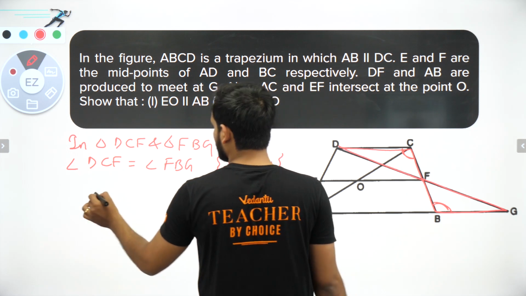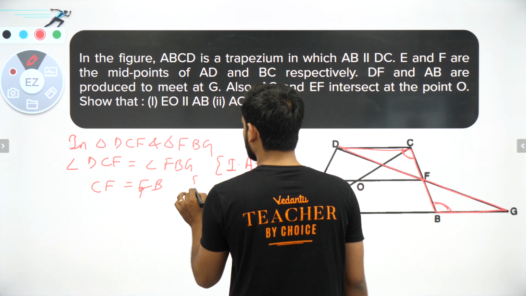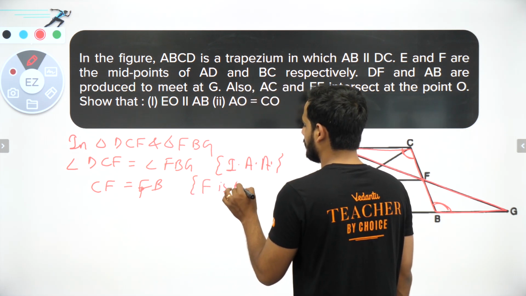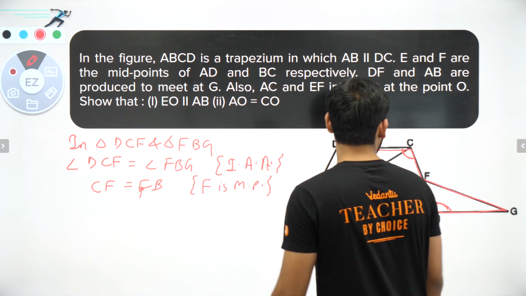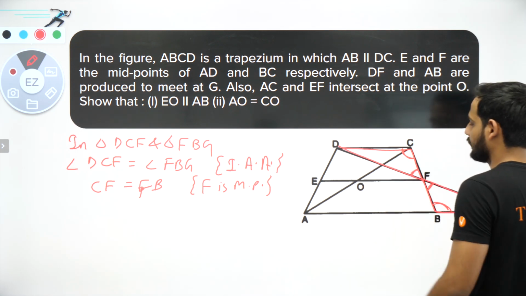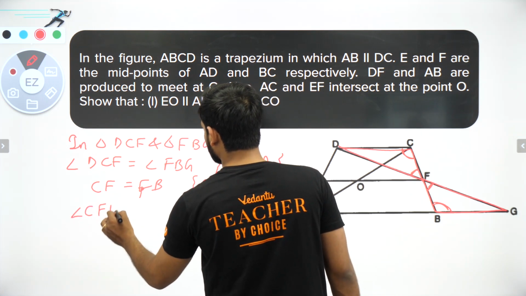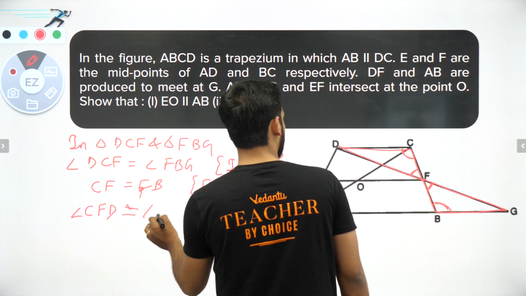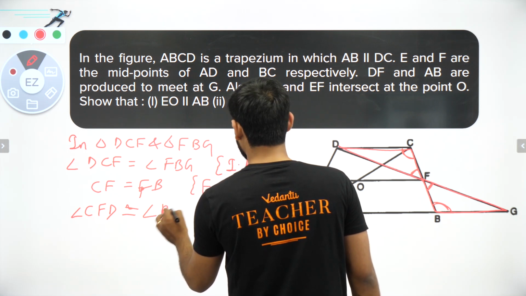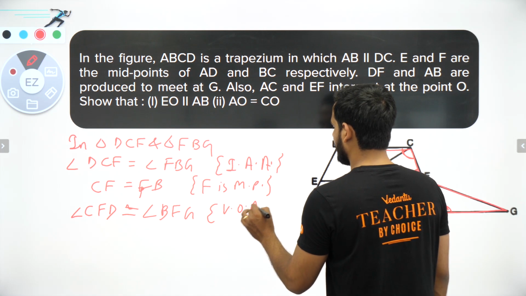Second thing I can say, CF is equal to FB. Why I can say that? Because F is midpoint. And then the third thing I can say that these two angles will be vertically opposite angles. So angle CFD is equal to angle BFG. Why? Because of vertically opposite angle, right?